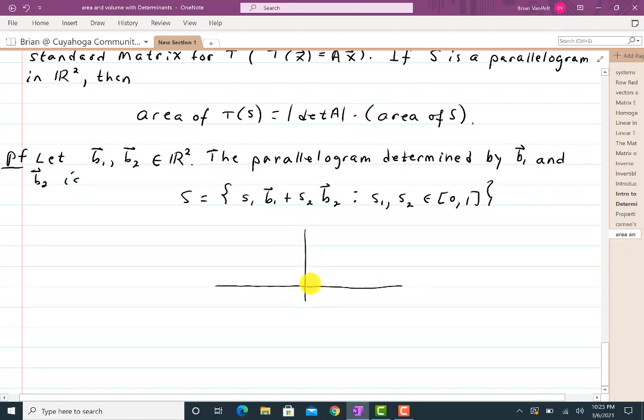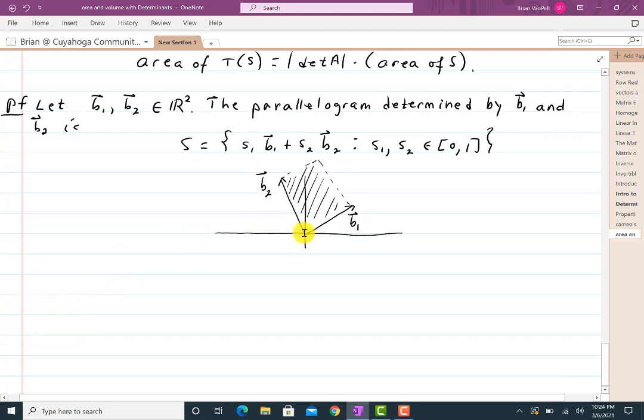Who knows what it may be like, but this may be B1, this may be B2. And then as you allow S1 and S2 to go from 0 to 1, you'll be going up along here and up along here. And then when you add them, you'll be taking care of all of those points that are the sum of the two as you're tracing them out. So you'll get the whole figure, is all I'm saying.